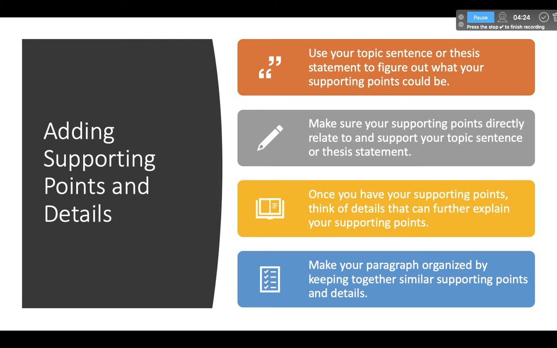Then from there, once you have your supporting points, think of details that can further explain your supporting points. So that's again where the evidence comes in. So how are you going to prove that cats are less expensive to take care of than dogs? You could say, if you have a short-haired cat, you don't have to take that cat to get groomed.